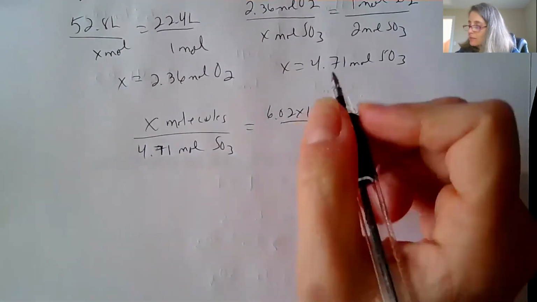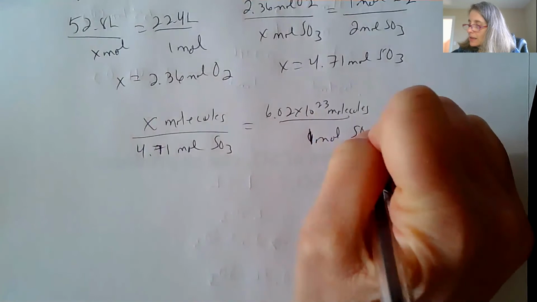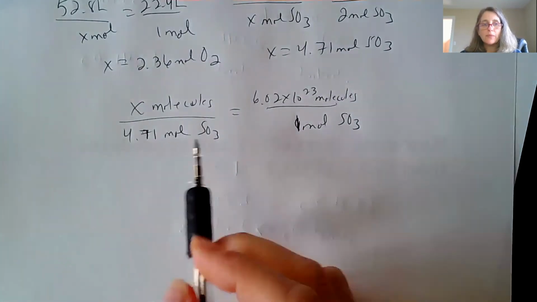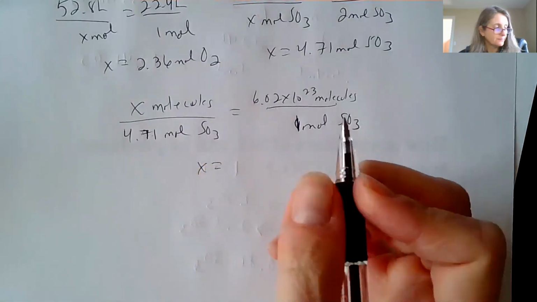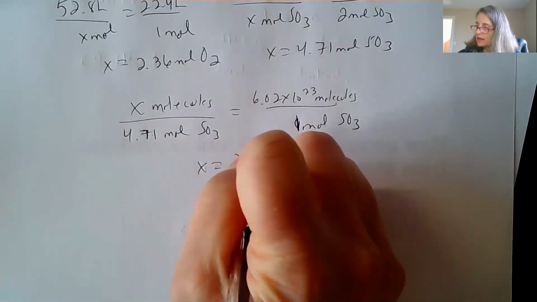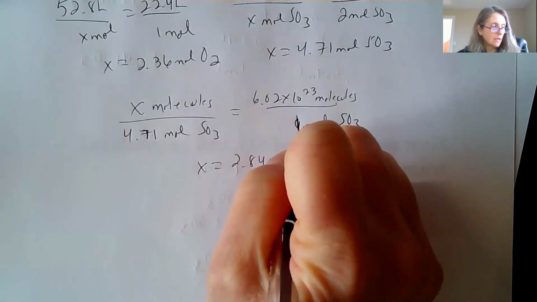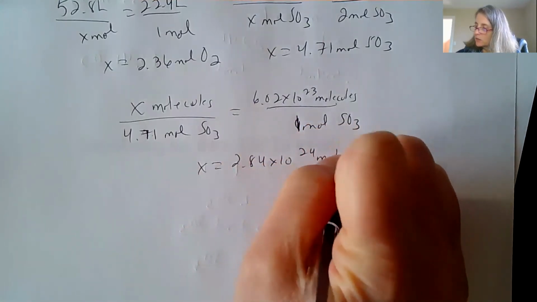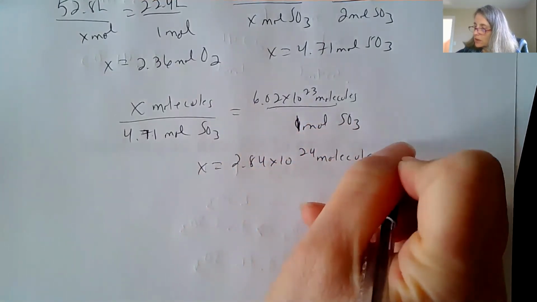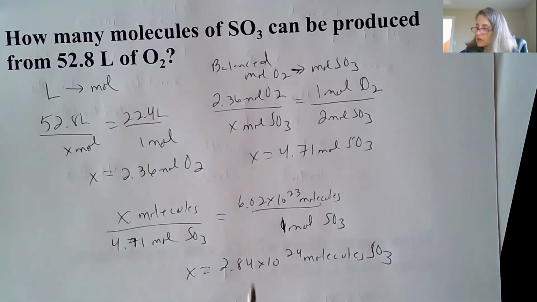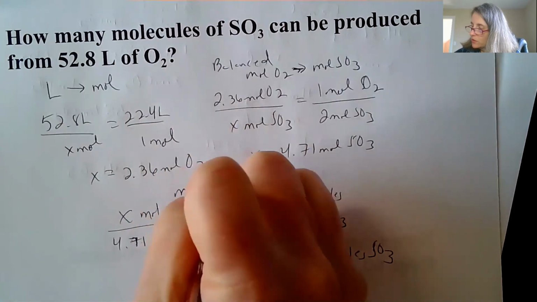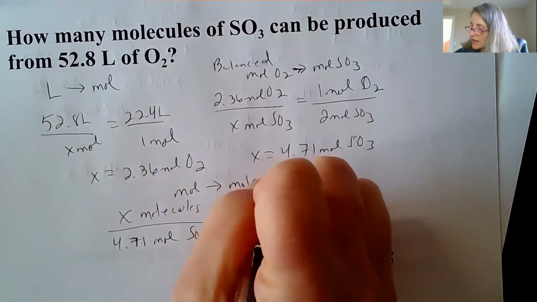And so if it's a non-metal, I'm going to be calling it a molecule, not a formula unit. So I take the moles times Avogadro's number and I get 2.84 times 10 to the 24th molecules of SO3. So I'm going from moles to molecules in this last step.